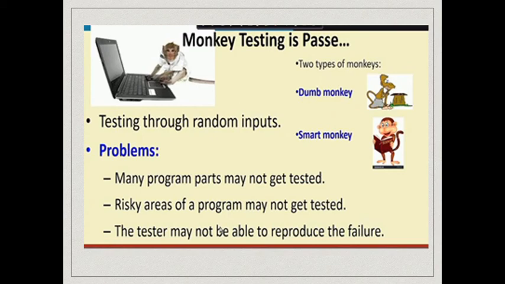The risky areas of the program are not tested well, because they just give random inputs and do not identify the risky areas and try to test those. And the worst thing is that many times they just say that the program failed, but they cannot identify why. They cannot reproduce a failure.